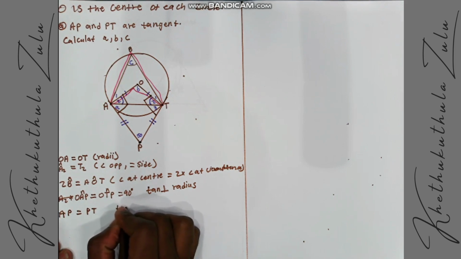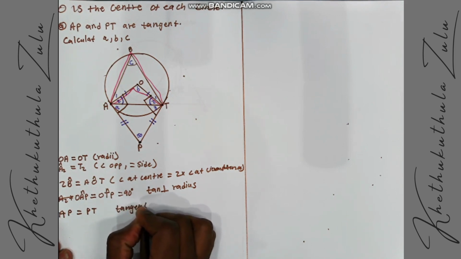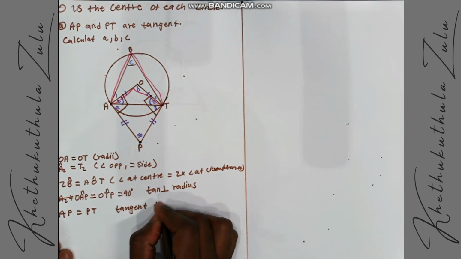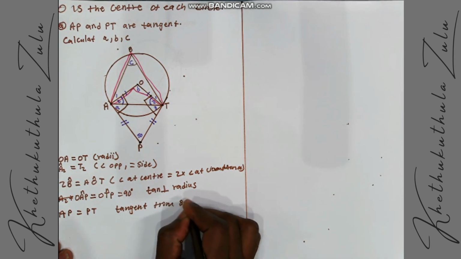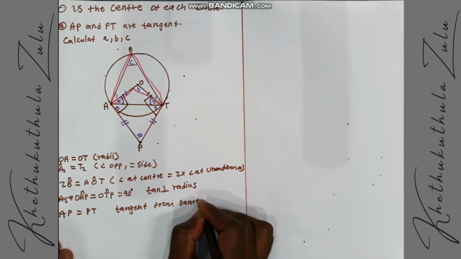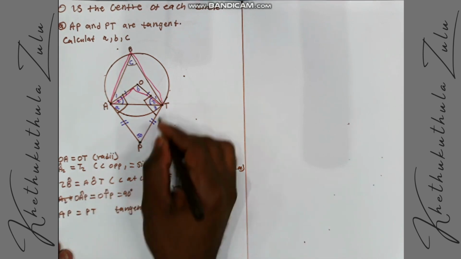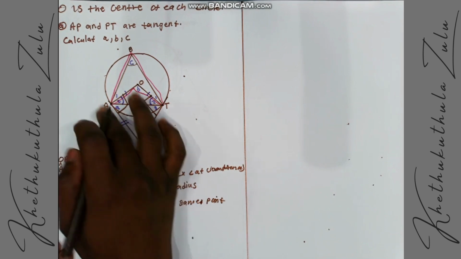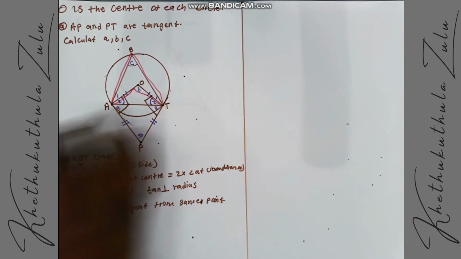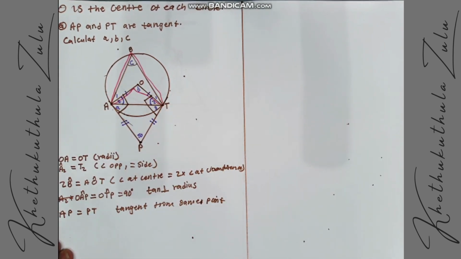Why? Tangents from the same point. Now if these two are equal, they are forming an isosceles triangle, which is this triangle here.